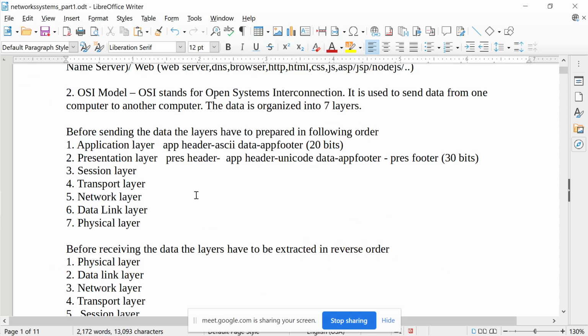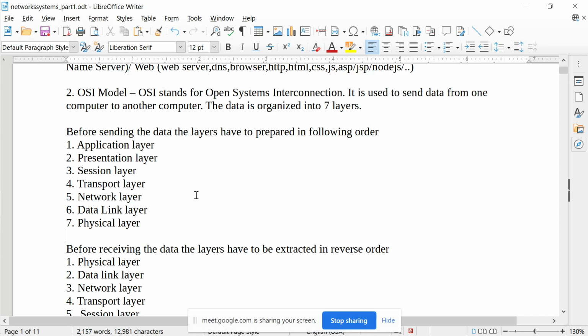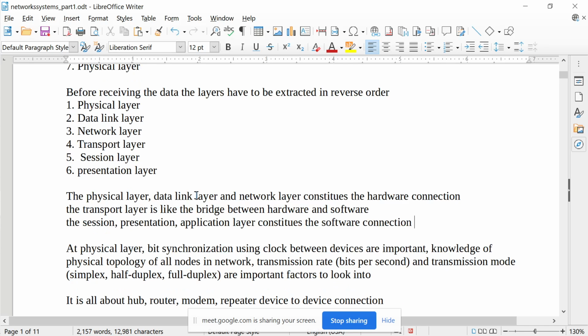So there are essentially 7 layers in the OSI, and we'll try to understand each layer a little bit more. When we talk about the physical layer, data link layer, network layer, if you notice, these are the bottom most layers. So these layers mostly deal with hardware problems.